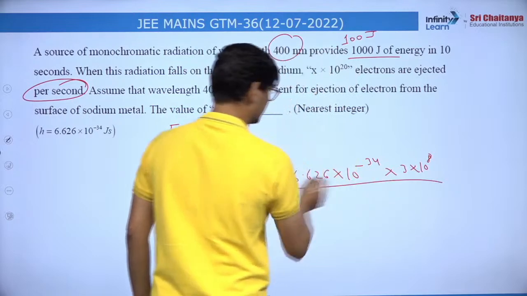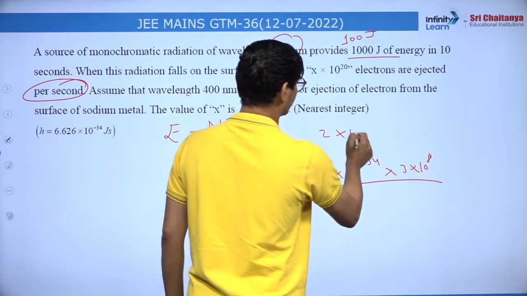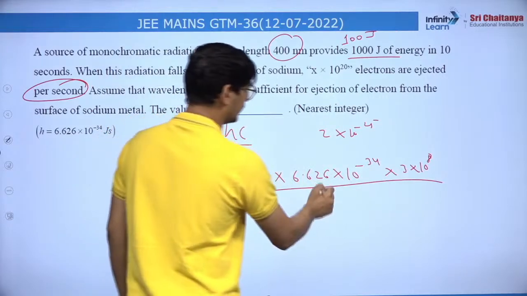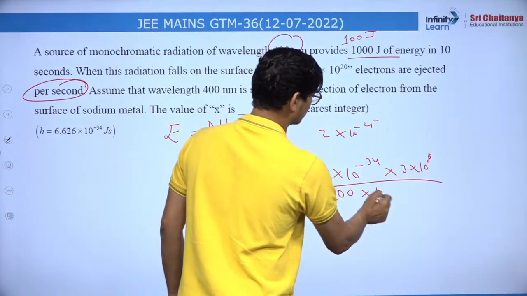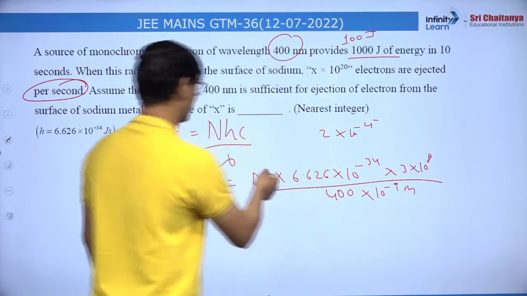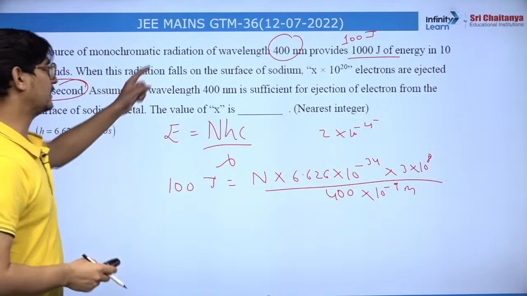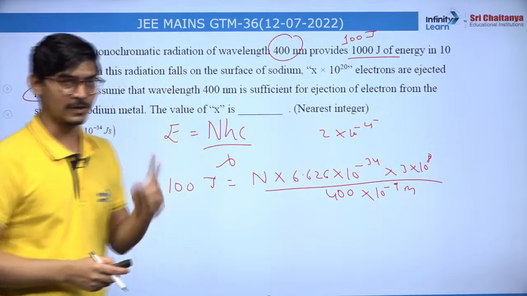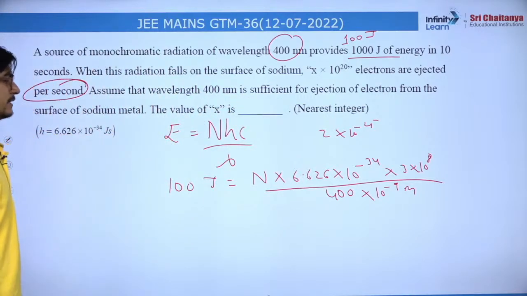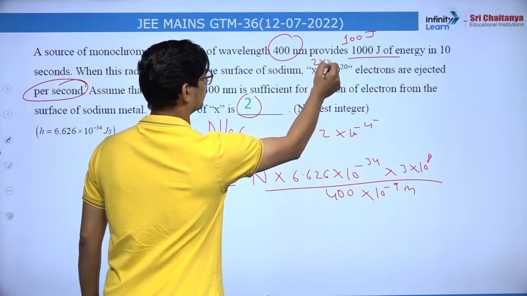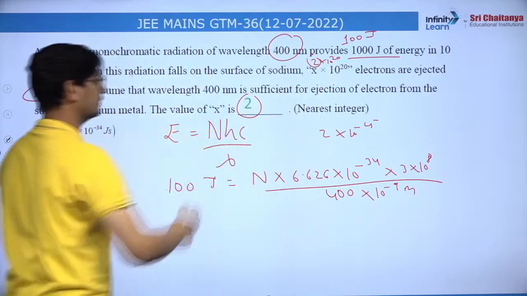By the way, the value of hc comes out to be approximately 2 into 10 raised to the power minus 25, and the wavelength lambda is 400 nanometer. So this is your calculation. Now you work it out for n, that will be the number of photons, but we are assuming that each photon is ejecting one electron, so that will be the number of electrons, right? And that will come out to be approximately 2 into 10 raised to the power 20. Okay, so the correct answer will be 2.